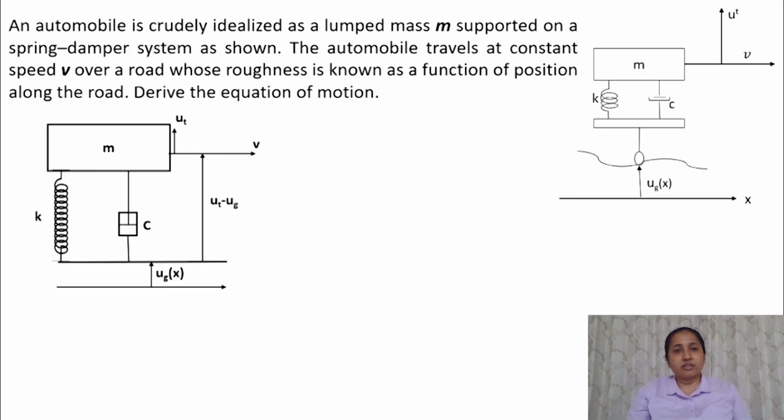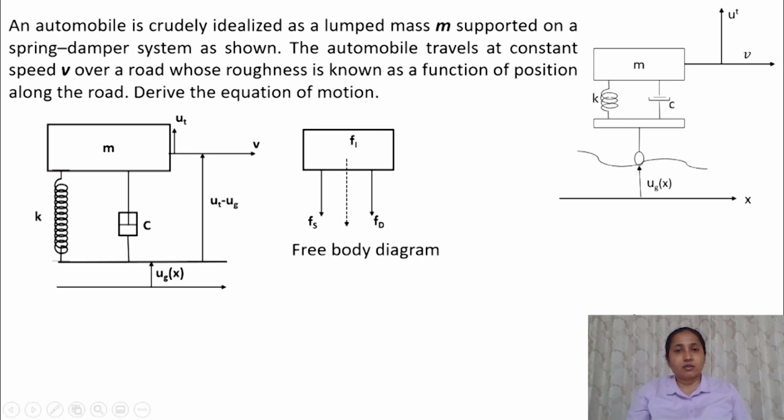Now let's draw the free body diagram of this mass. So this is the mass. So when the mass is moved in this direction, there will be restoring force in the opposite direction. So we have spring force acting in this direction and damping force acting in this direction, and there will be inertia force also in this direction. So now let's write the equilibrium equation.